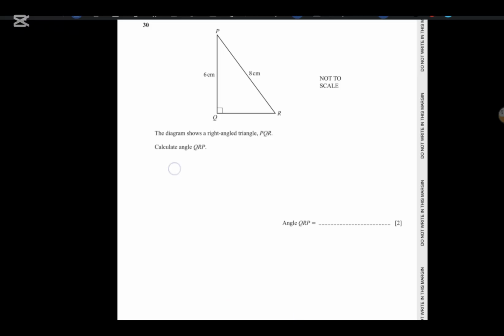So sine of angle QRP is equal to 6 by 8. Can make it simple. 2 3s are 6, 2 4s are 8, so 3 by 4. So angle QRP will be sine inverse of 3 by 4.